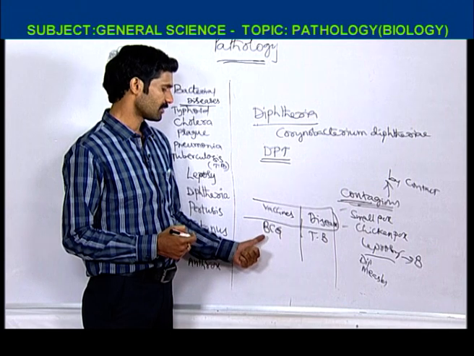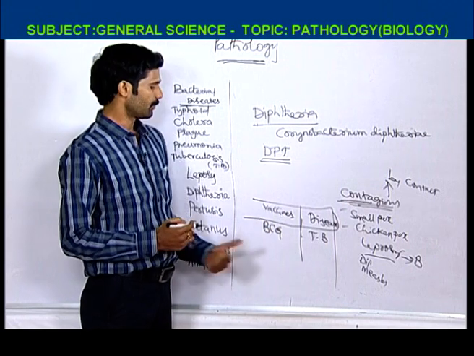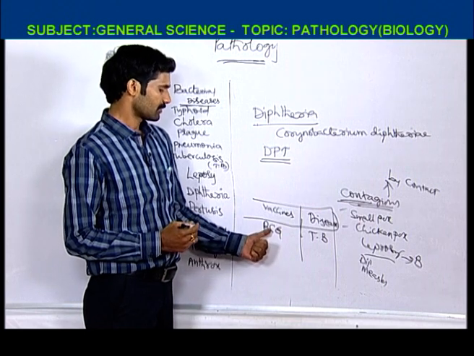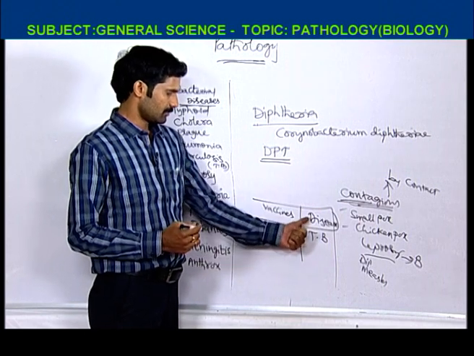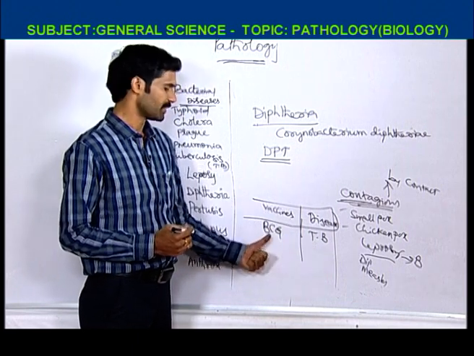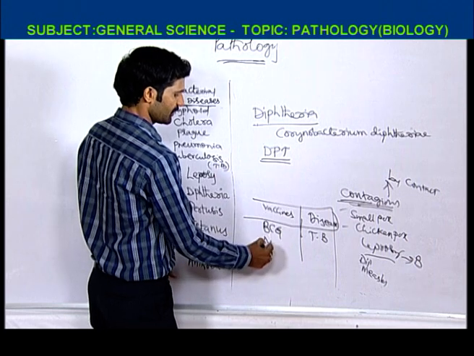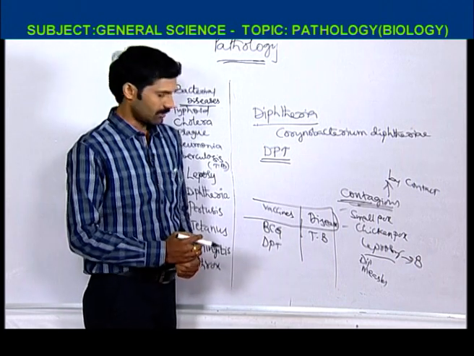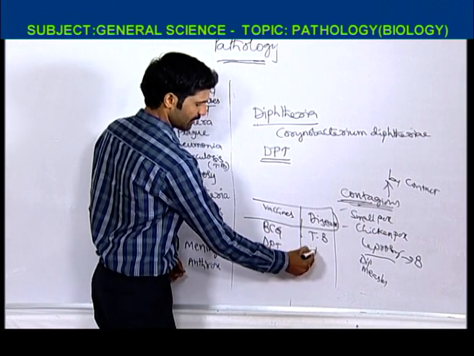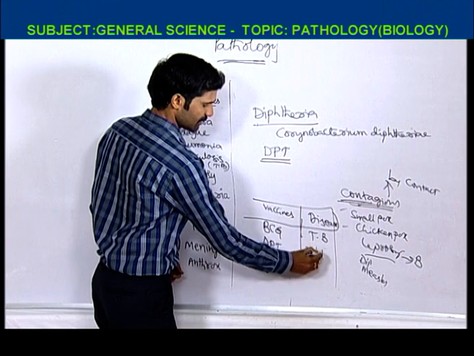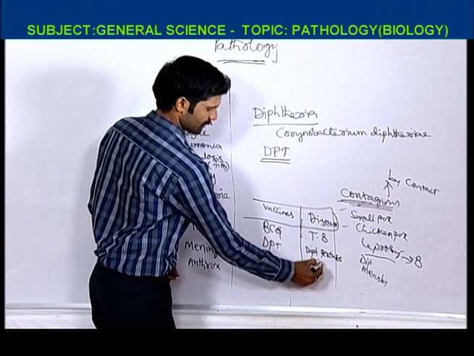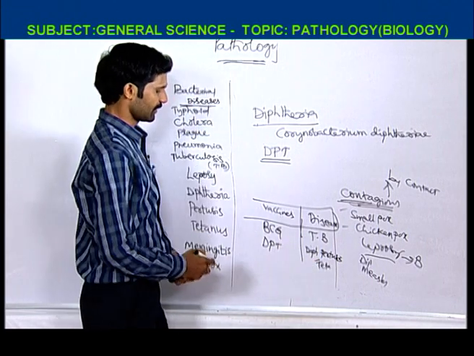BCG, Bacillus Calmette and Guerin, are scientists' names. For tuberculosis we use the BCG vaccine, and for diphtheria, pertussis and tetanus, the DPT vaccine, the triple antigen vaccine.